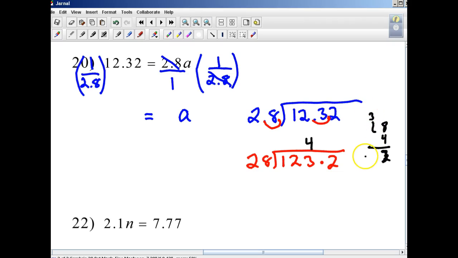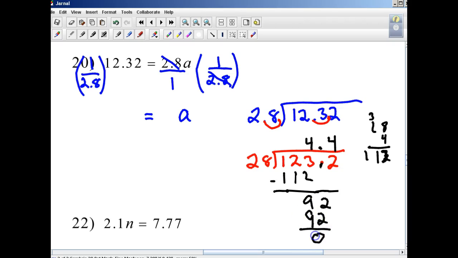Carry the 3 is 11. 112. So you can see how much work it is, how much it would really slow you down on a quiz if you're doing all this by hand. We got 92. The decimal points will line up, so it's going to be 4 point something. And then how many times does 28 go into 92? And it goes in 4 times even. You should get an answer of 4.4.